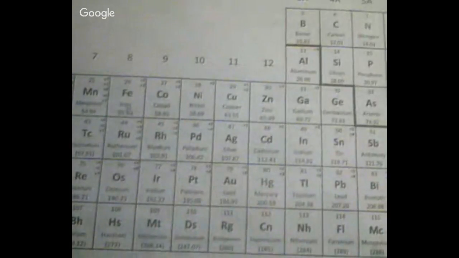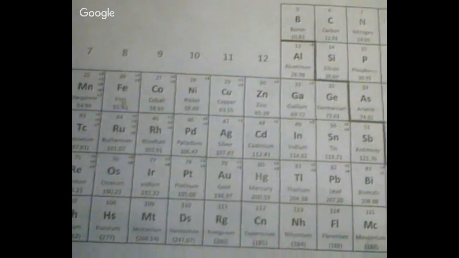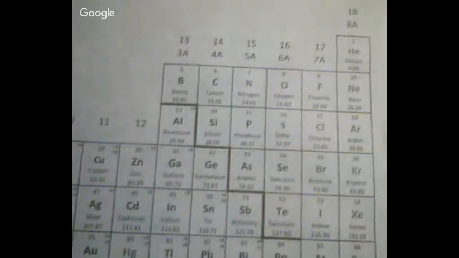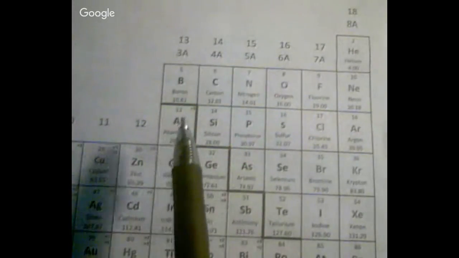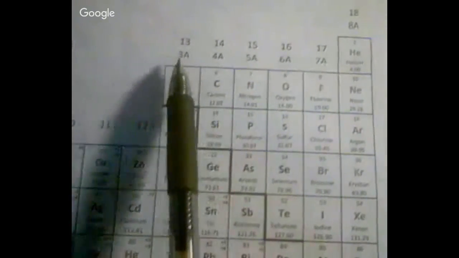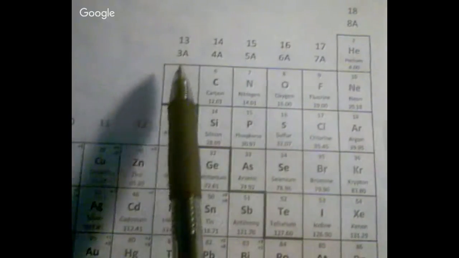So group 4 and period 5. Group 4 actually means group 4A. I should probably change that, because I use these numbers in this system.